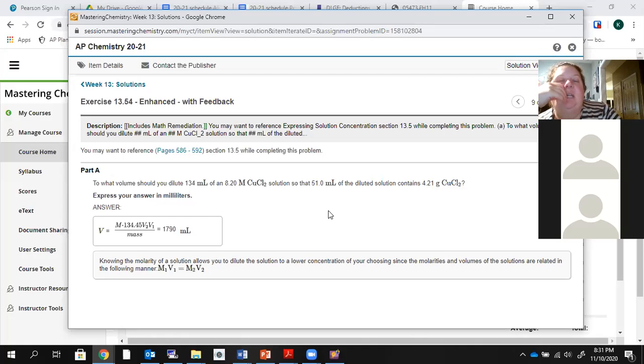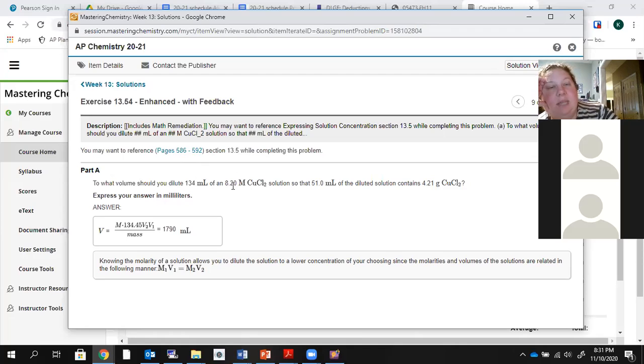All right, so this is a dilution question. People struggle with these a lot of times. So what this question is saying is, I have 134 milliliters of a solution that has a concentration of 8.2 molar.